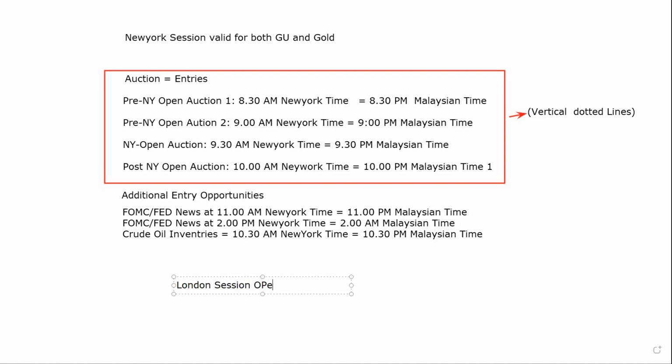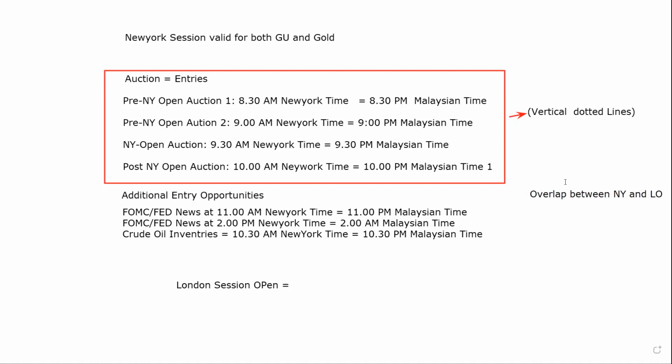So the London session open, because we don't have a closing. Why don't we mention closing here? Because we don't have a London close. Because at these times, we have an overlap between the NY and London sessions. Between these times, 8:30, 9 a.m., 10, all of this. So we have an overlap.